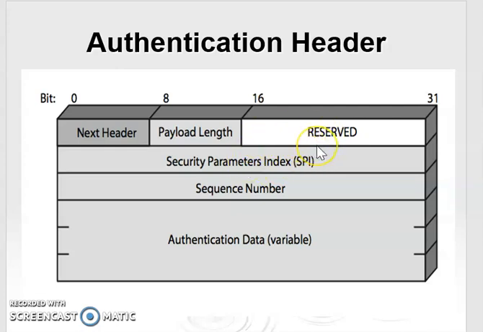Whenever the security association is selected, this SPI is used. Then we have the sequence number and the authentication data. So this is with respect to the authentication header.